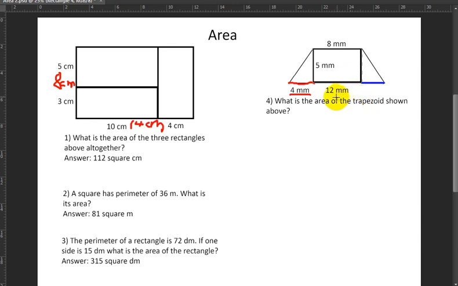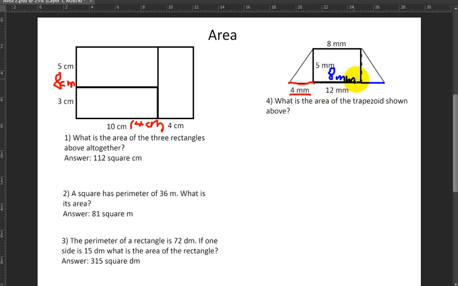And since I've created a rectangle, this side right here needs to be the same as the top side. So it needs to be 8 millimeters.